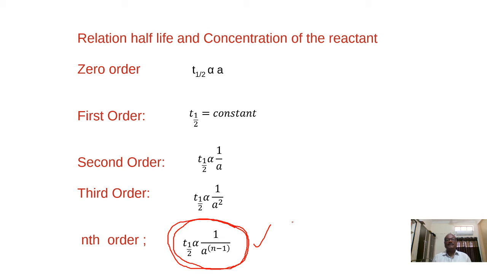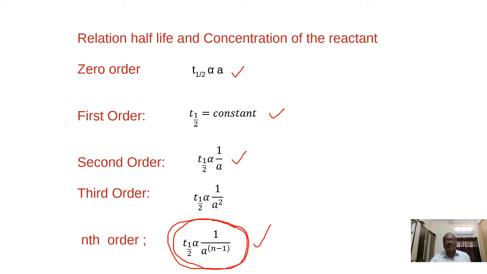For example, if concentration is double, T of also becomes double, and both of them are directly proportional. We say it is zero order. If concentration is double, there is no change in half-life. We say it is the first order. If the concentration is doubled, half-life becomes half.